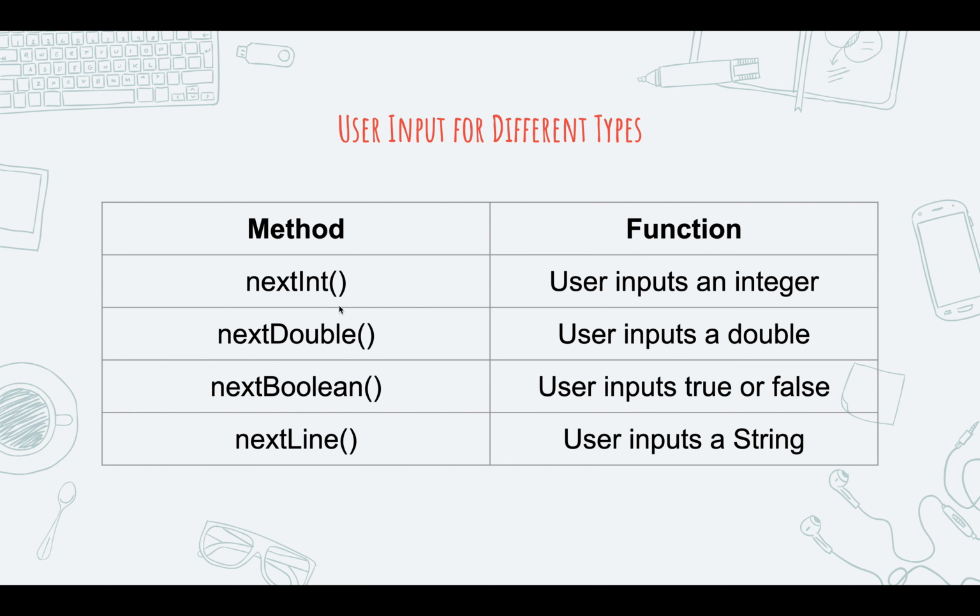For integer, we would write dot nextInt, and make sure to have your parentheses and a semicolon at the end. If we were doing a double, we put nextDouble instead of nextInt, nextBoolean, or nextLine, which should reflect what user input we actually want. I have this handy chart over here if you need user input for different types.